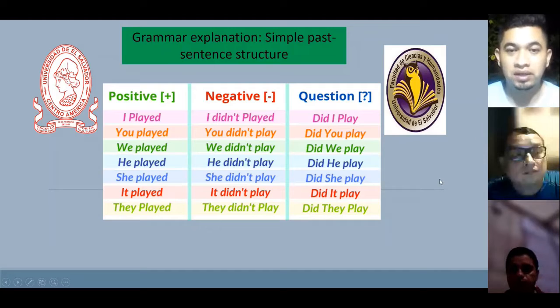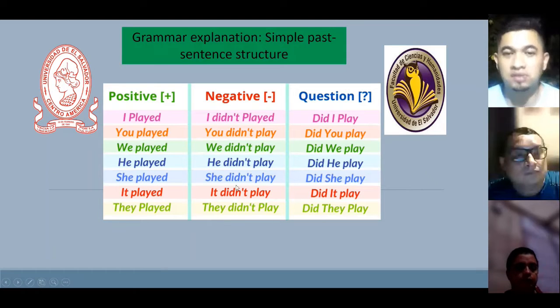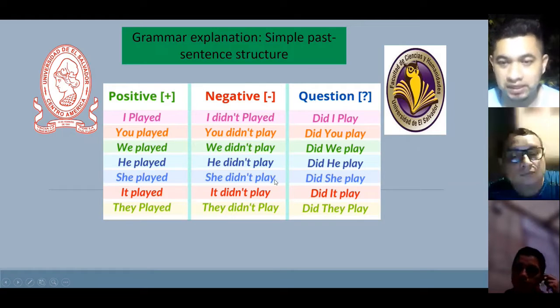And the first one is a mistake, because if you are using the auxiliary verb, the verb must be in the base form. So the first one is I didn't play, not I didn't played. Okay, and the second one, you didn't play. The third one, we didn't play.